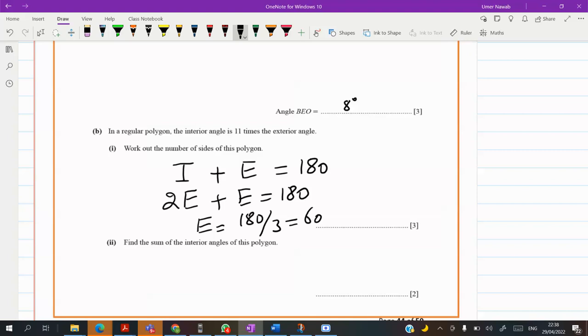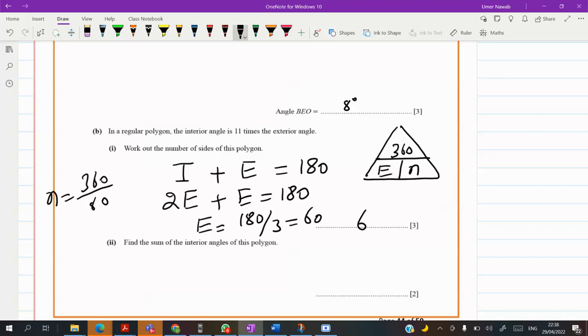So the exterior is 60. According to this formula, the exterior angles sum to 360, and we want the number of sides. So the number of sides will be 360 divided by 60. It gives you 6.